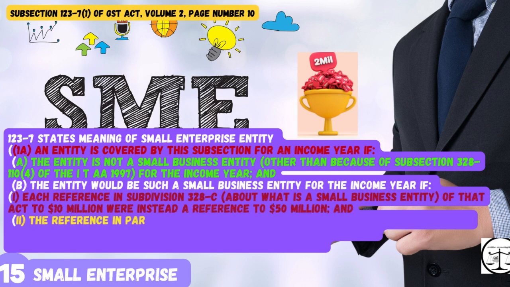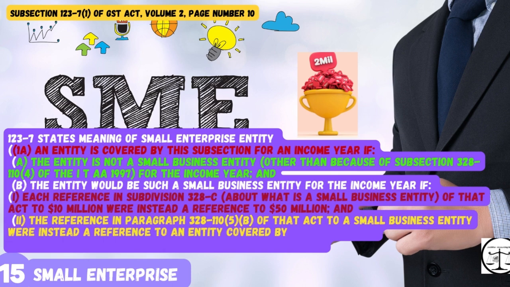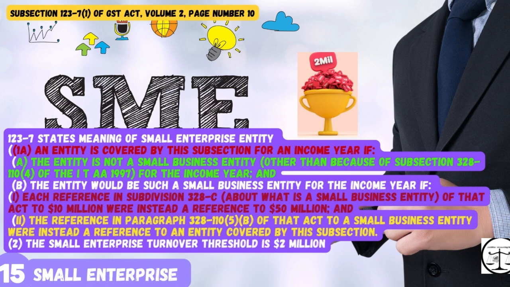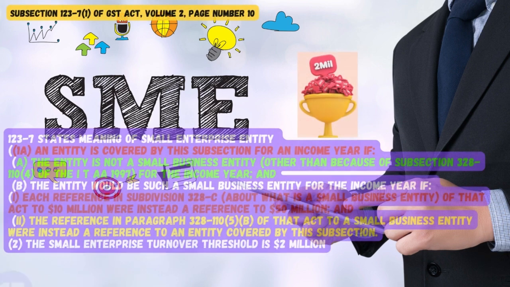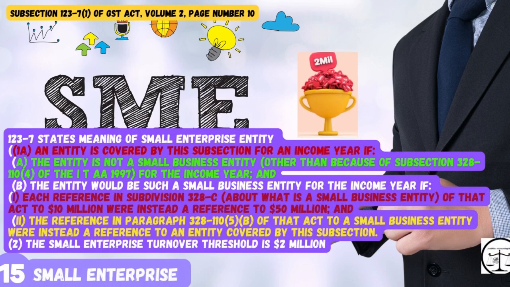The entity would be such a small business entity for the income year if I. Each reference in subdivision 328C about what is a small business entity of that act to $10 million were instead a reference to $50 million, and 2. The reference in paragraph 328-110(5)(b) of that act to a small business entity were instead a reference to an entity covered by this subsection.